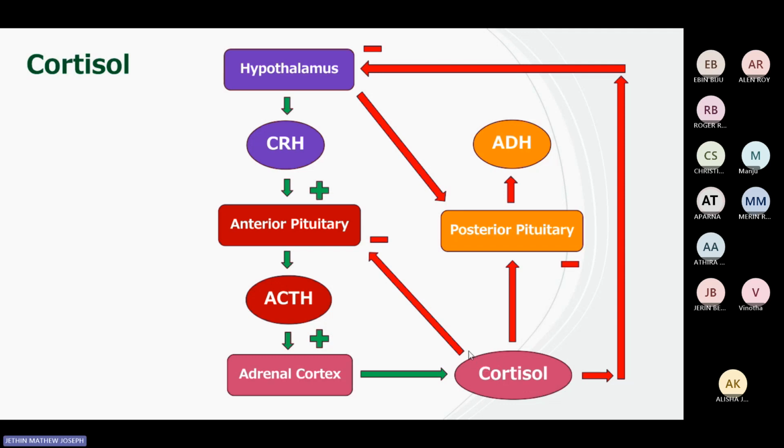Cortisol via negative feedback will inhibit your anterior pituitary. It also inhibits the posterior pituitary to decrease the secretion of ADH. It also has a direct effect on the hypothalamus, which will also cause a decrease in secretion of ADH. So bottom line is cortisol regulates the secretion of ADH by inhibiting it.